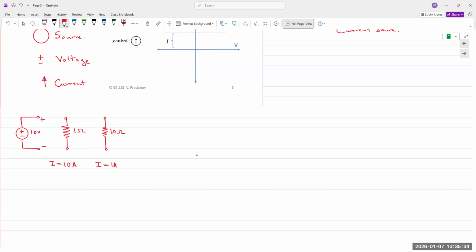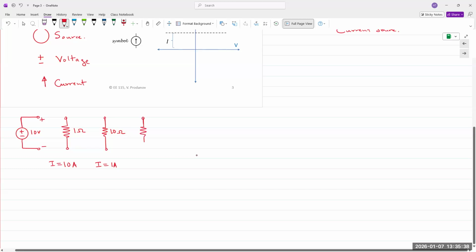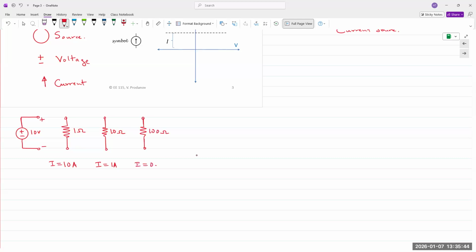1 amp. If you change it to 100 ohm load, voltage will still remain constant at 10 volts. The current would be changed to 0.1 amp. And that is what makes it a voltage source. That's it, nothing else.